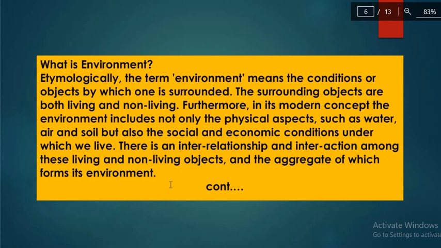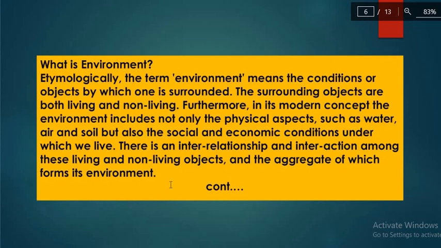Environment not only focuses on the physical and biological things, it also focuses on social norms, values, social and economic aspects. There is an interrelationship and interaction among these living and non-living objects, and the aggregate of which forms its environment.